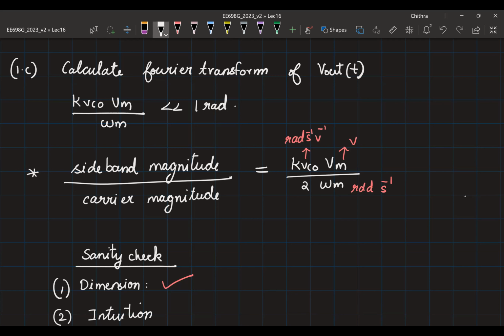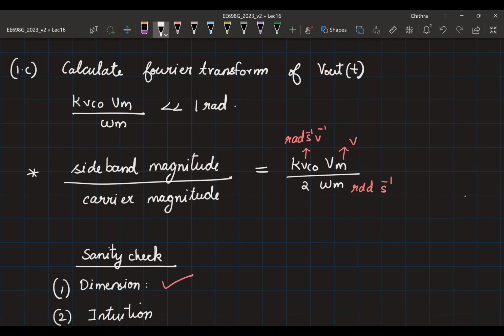Right? So what happens in this plot? Only the carrier impulse will remain on this plot, right? So that way, this equation makes some sense. So you will not be able to detect if you have missed a factor of 2 or a factor of half, etc. But at least it is not very far off from the results that you expect.